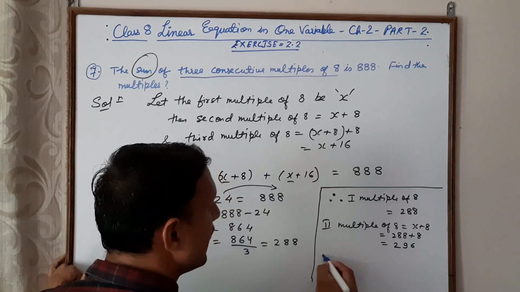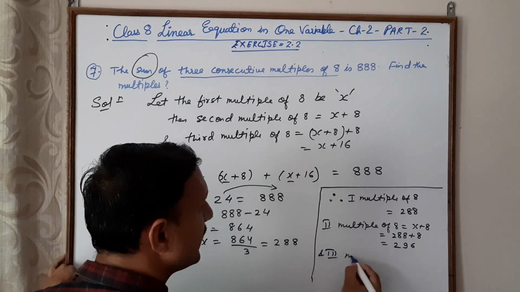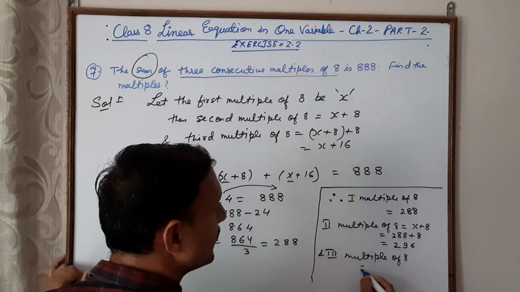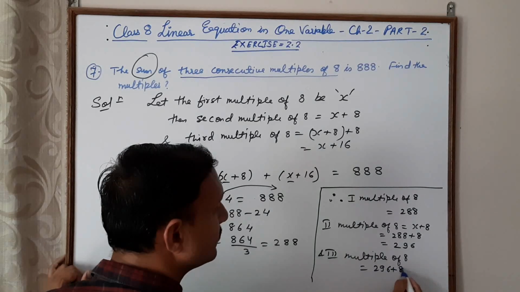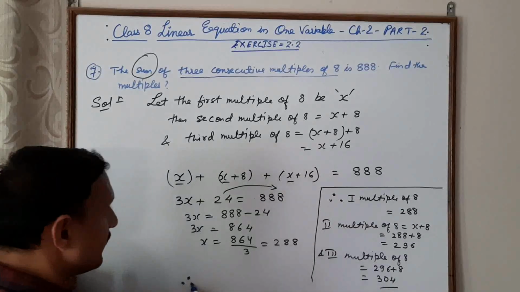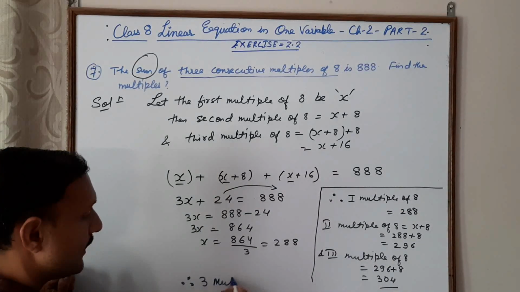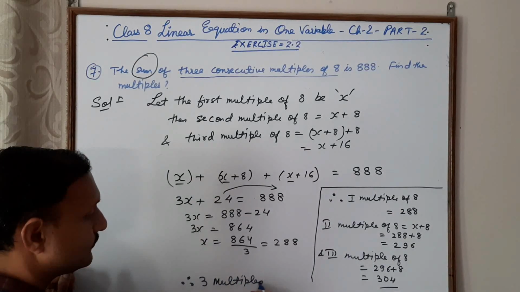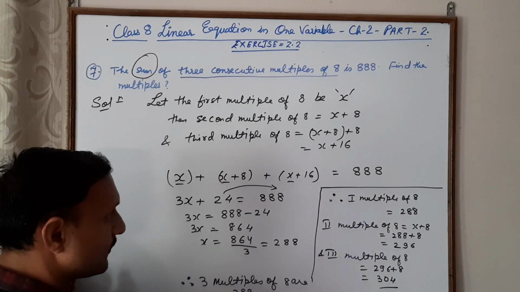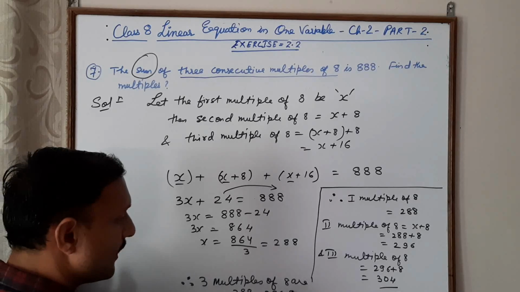And the third multiple of 8, 296 plus 8, 304. Therefore, what are the 3 multiples of 8? 288, 296 and 304.